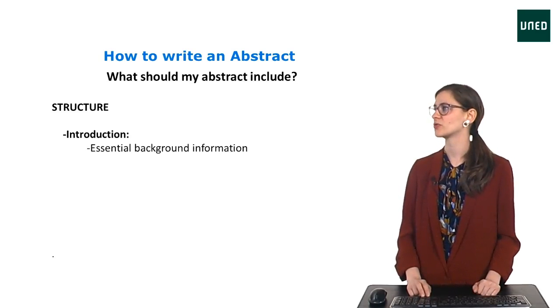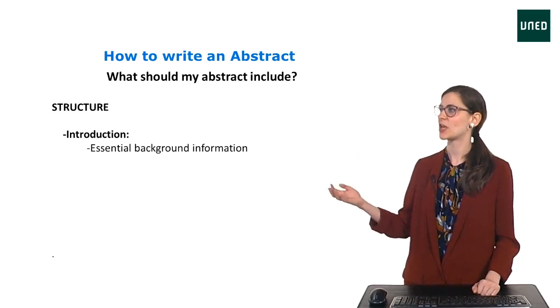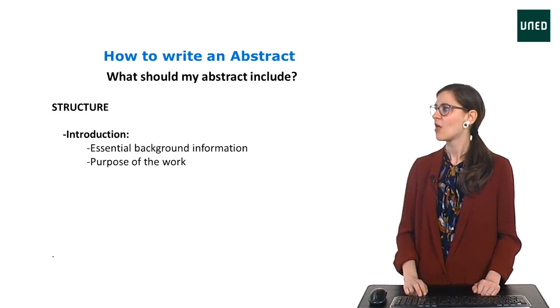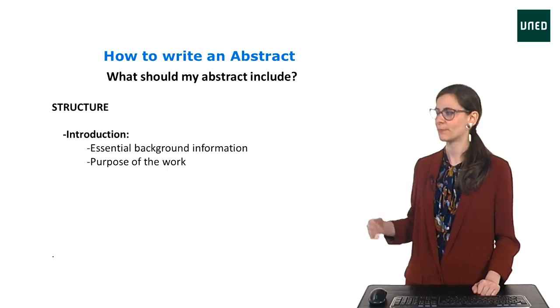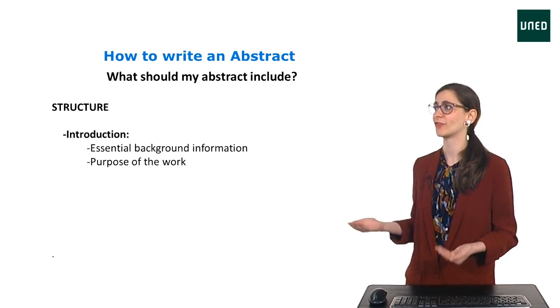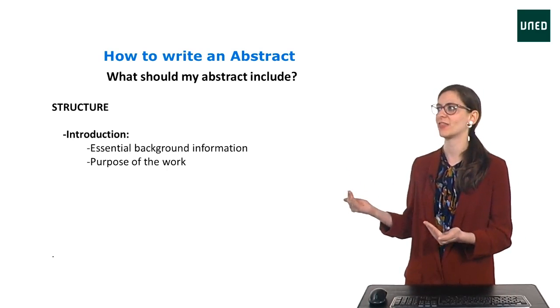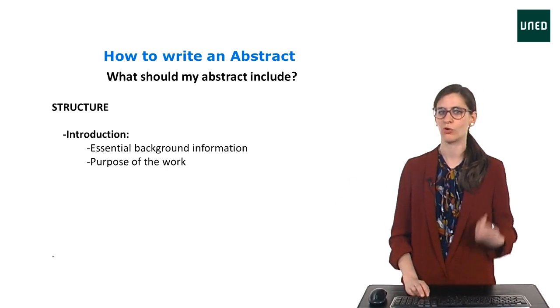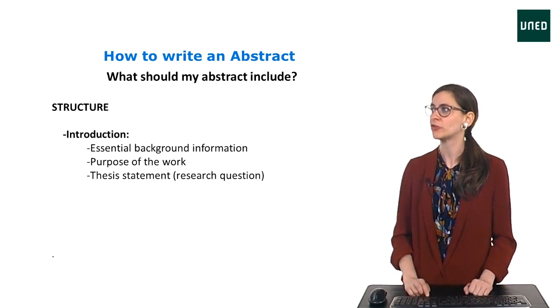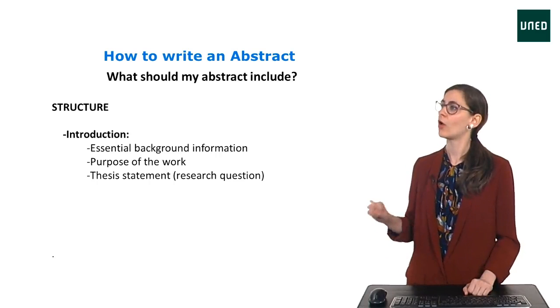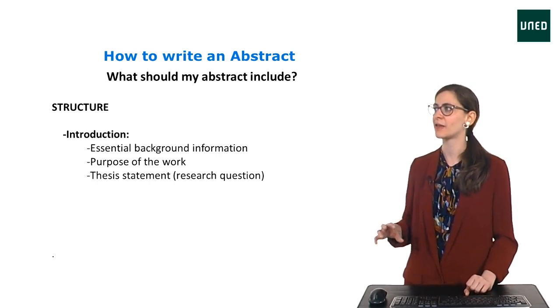First, in the introduction, we are going to include some essential background information. Then we are going to state the purpose of our work. It's very important, of course, to explain the reader what the purpose of our work is, what's the main aim of what we are doing. And then we'll also typically include the thesis statement here.